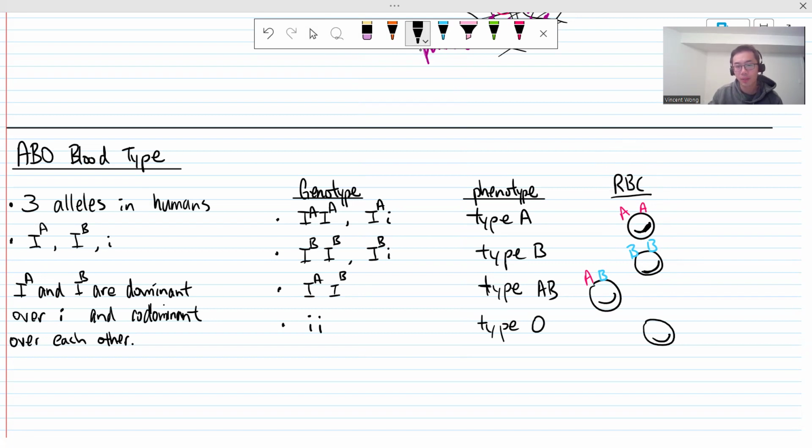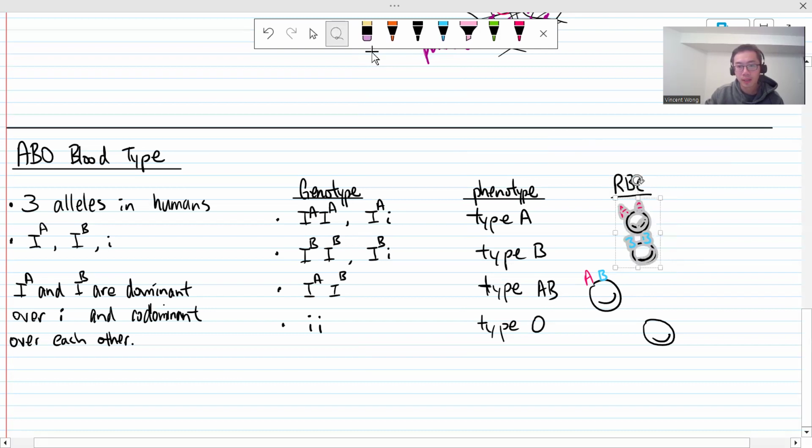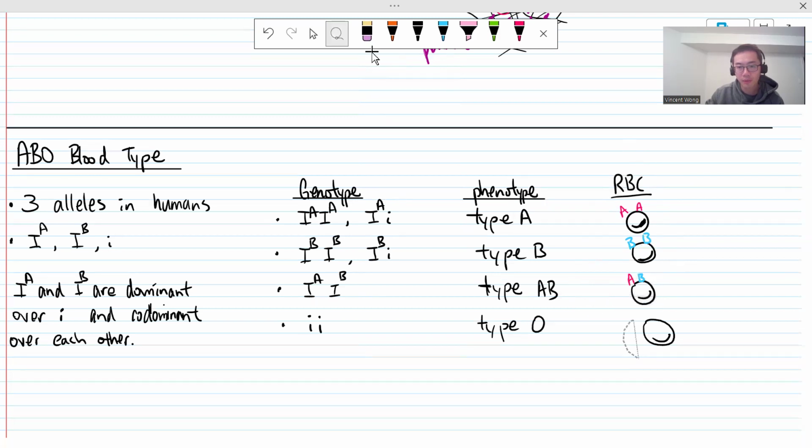So no A and no B. That's called type O. Are we okay with the genotype and the phenotype here before we move on? You sure?